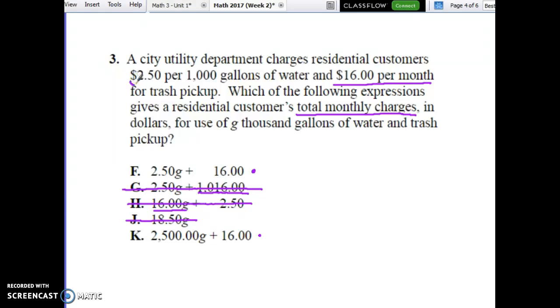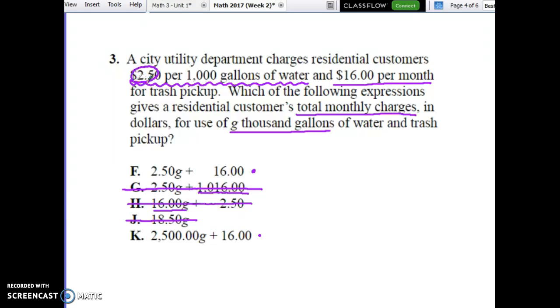So then I go to the $2.50 per 1,000 gallons of water that I'm going to be charged. Now, the other important piece to notice is that you're asked for the expression that reflects G, 1,000 gallons of water. It's $2.50 per 1,000 gallons.